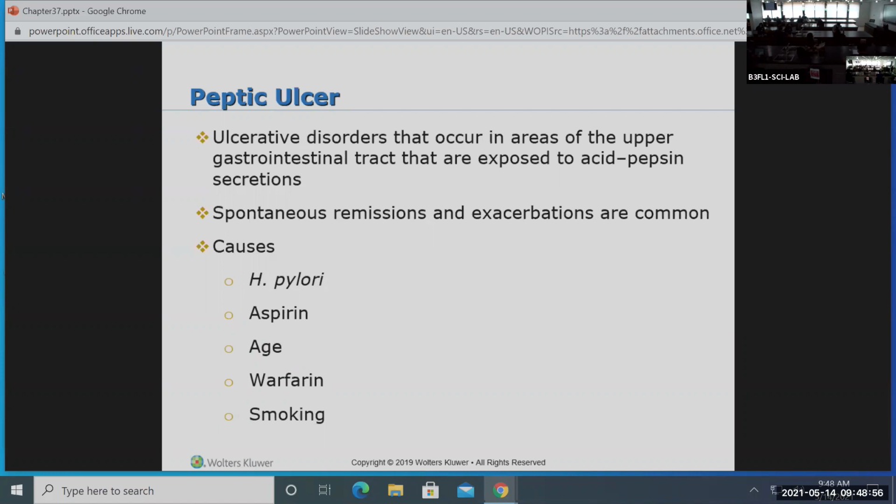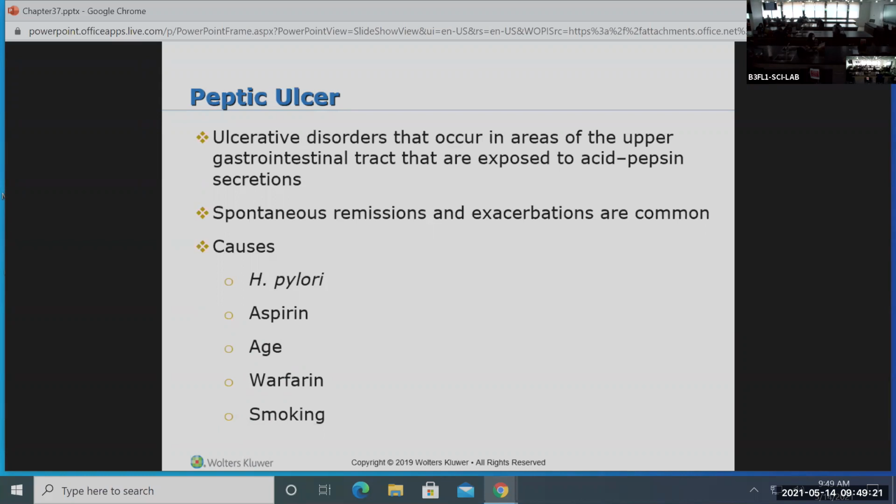Because the ulcer over here, number one, is taking place at multiple sites. Not only the stomach, might involve my duodenum, might involve my esophagus. When the ulcer involves or takes place at multiple sites, then we call it peptic ulcer.